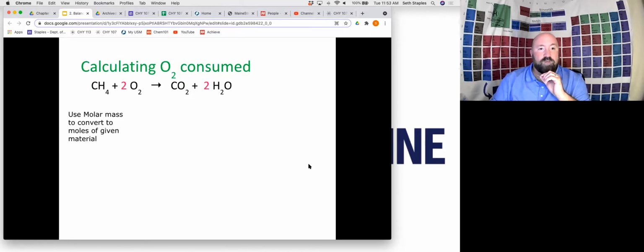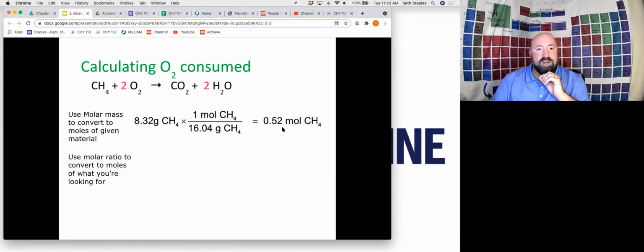First thing we're going to do is use molar mass to convert those grams we were given to moles of CH4. We started with 8.32 grams of CH4, so we're going to use our molar mass and convert that to moles of CH4. Next, we're going to use our molar ratio to convert to the moles of O2.